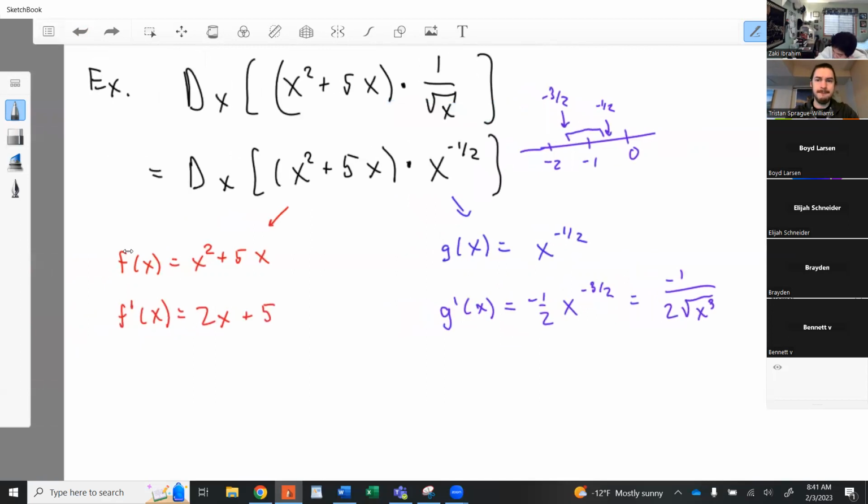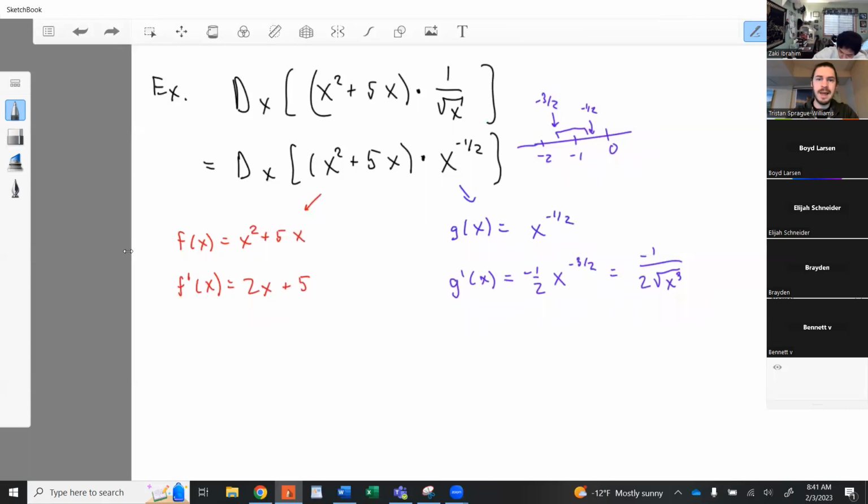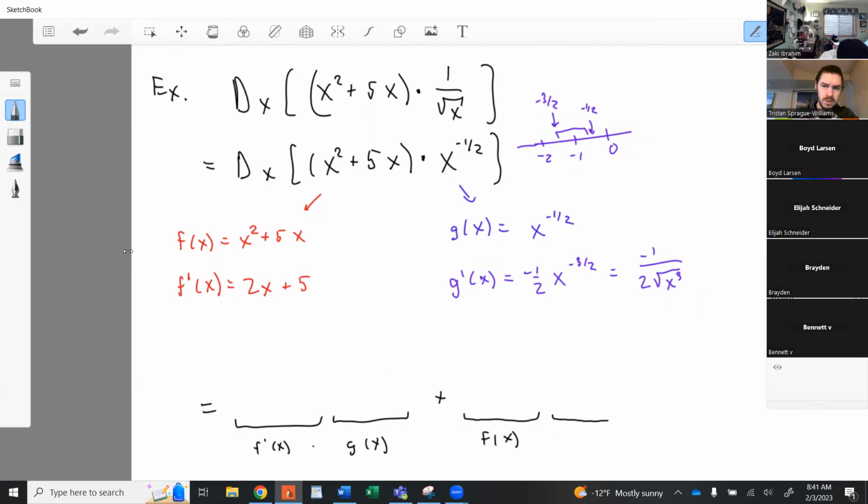Okay. So what we want to do now is say, all right, what we're going to get from this derivative here, it should be f prime times g plus f times g prime.